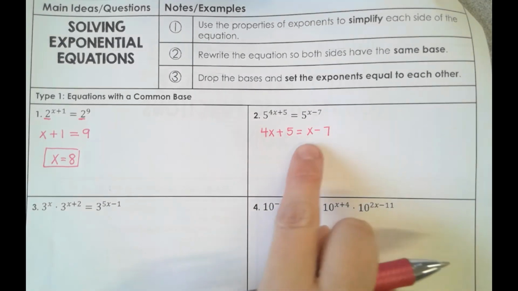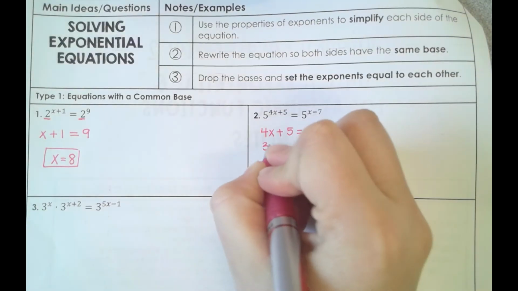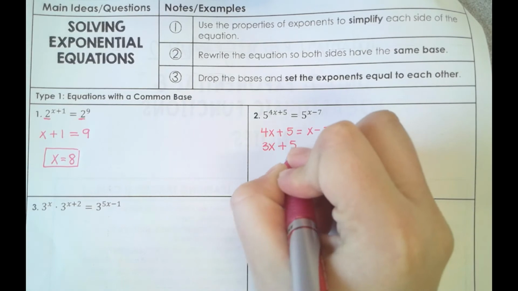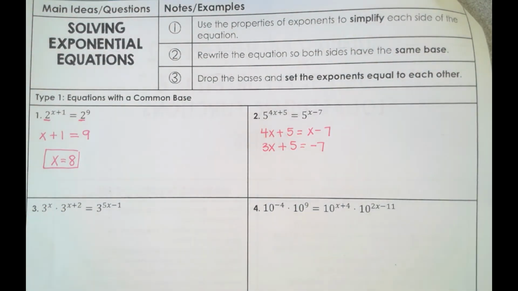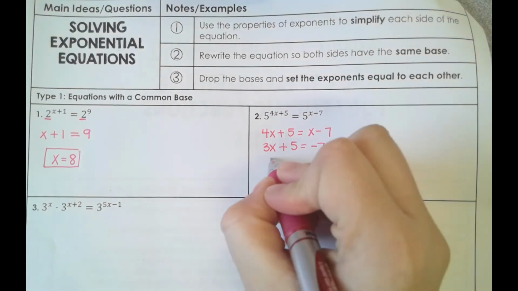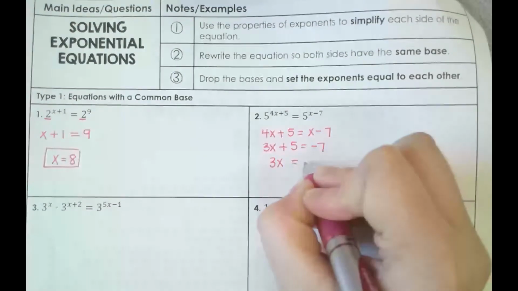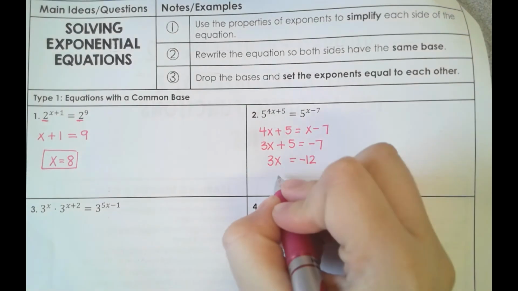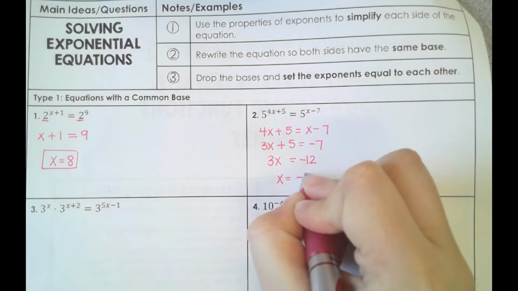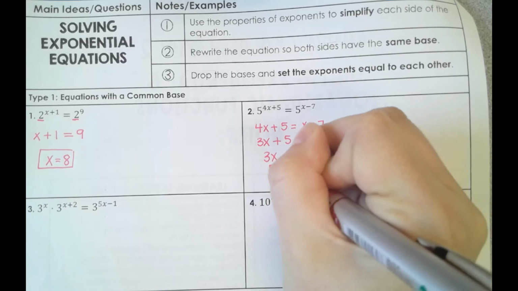If we subtract x, we get 3x plus 5 equals negative 7. Subtracting 5 gives us 3x equals negative 12. Dividing by 3, x equals negative 4.